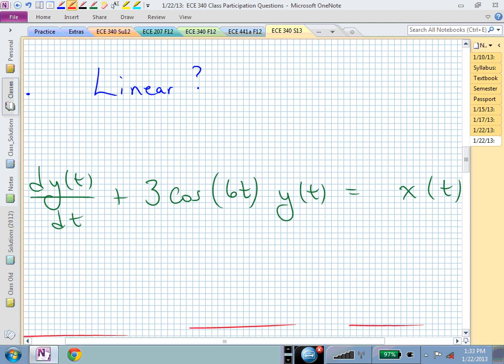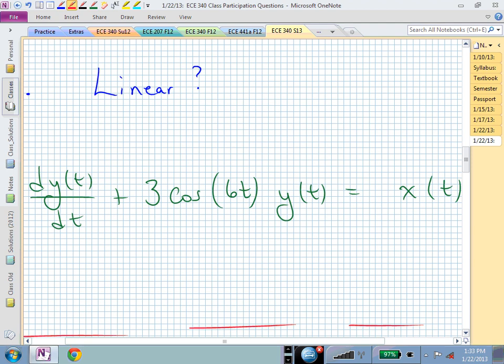Do we have any nonlinears? Why is this linear? It's got a cosine. But this cosine does not have an argument that's y or x or any of their derivatives. This is a cosine of the independent variable time.